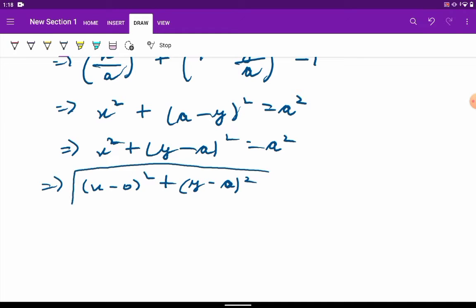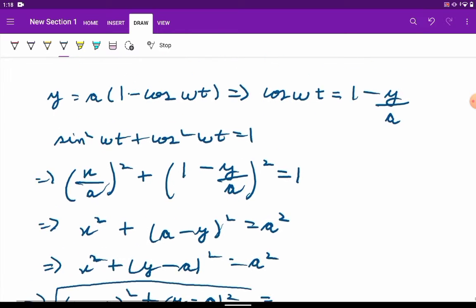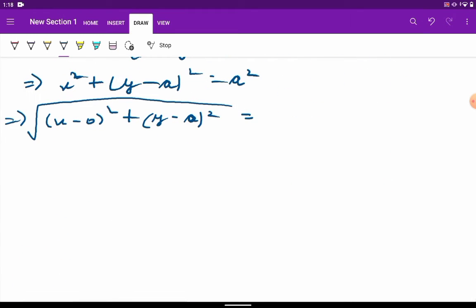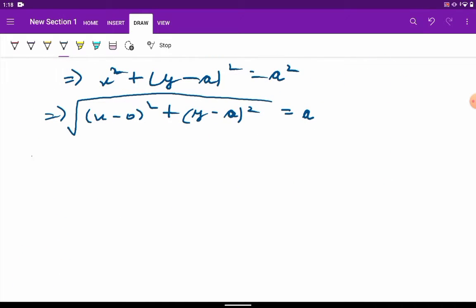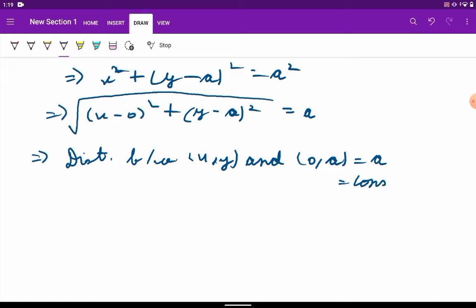Take a root, I'll tell you the reason why. Since a is positive, this becomes a. So what this means is the distance, by the Euclidean distance formula, between (x, y) and (0, a) is equal to a, which is a constant.